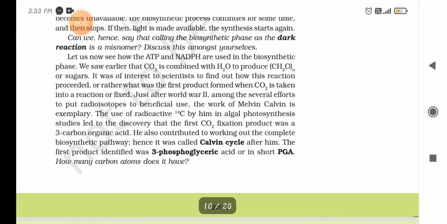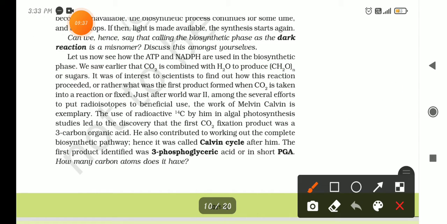It was of interest to scientists to find out how this reaction proceeds, how the CO2 is taken up, and how this happens. So we have something for it.